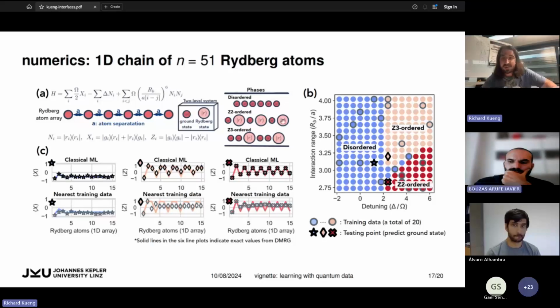The star, cross, and diamond you can see on the right-hand side we randomly selected for testing our model. And you can see the plots on the lower side, and you can see that it works surprisingly well. I don't know why, but somehow the model still interpolates nicely, even if we sample from all the phases without distinction.